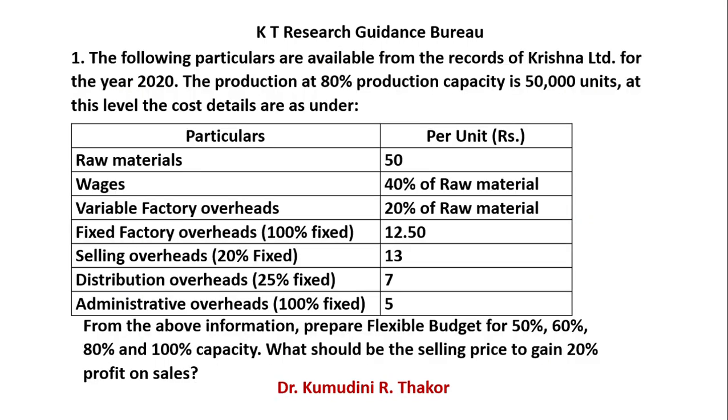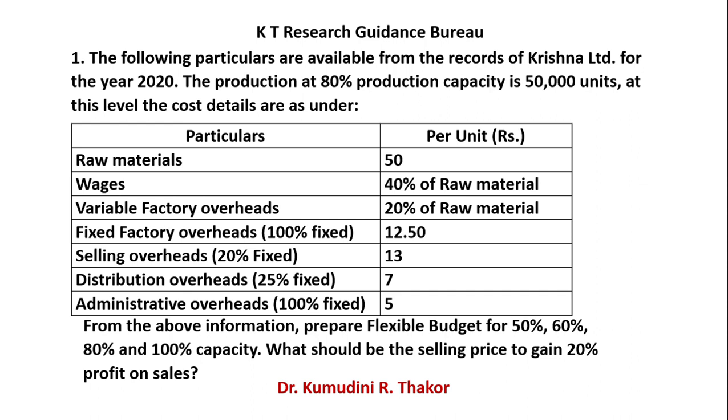Let's begin with the first example. Krishna Company Limited gives you the data. At 80% production capacity, the company can produce 50,000 units. For that, particulars are available.